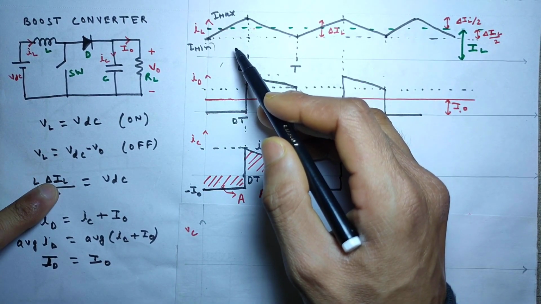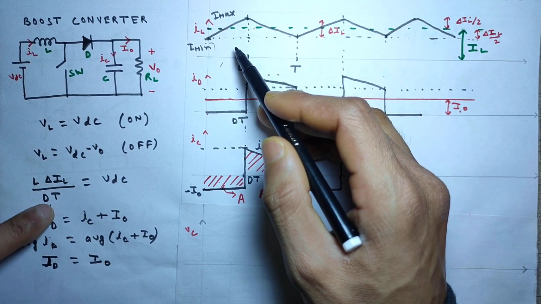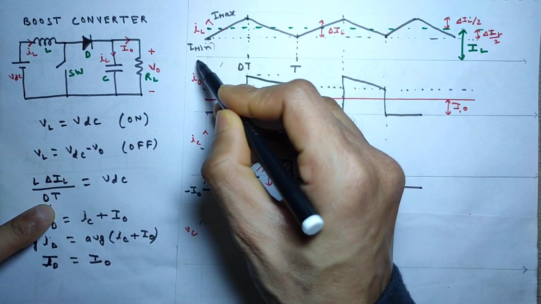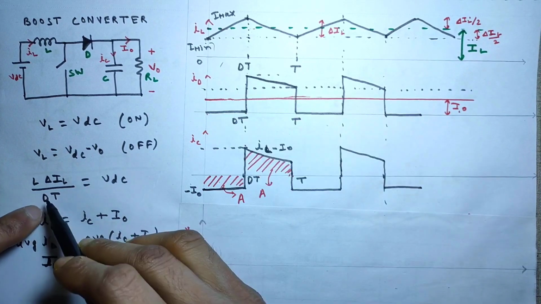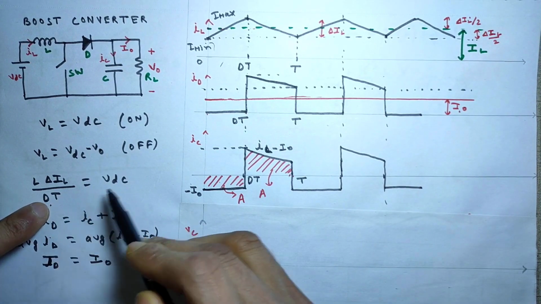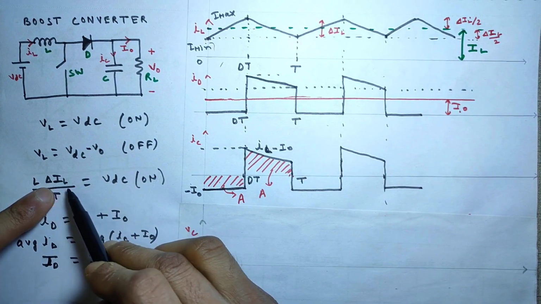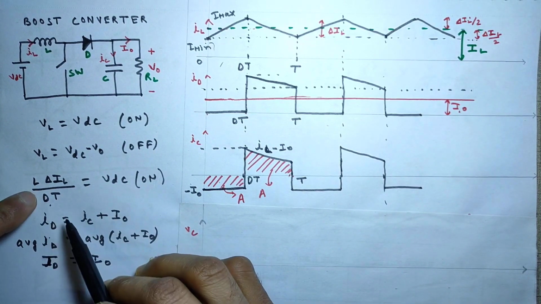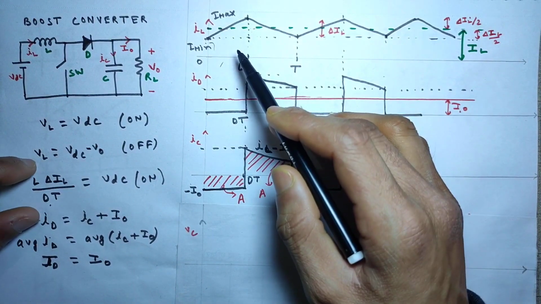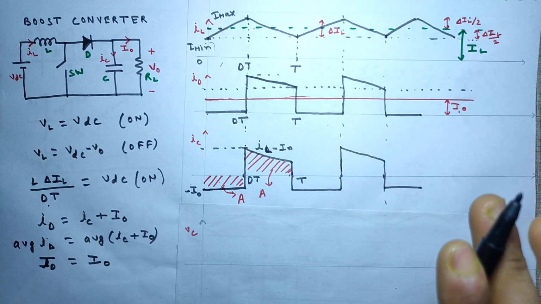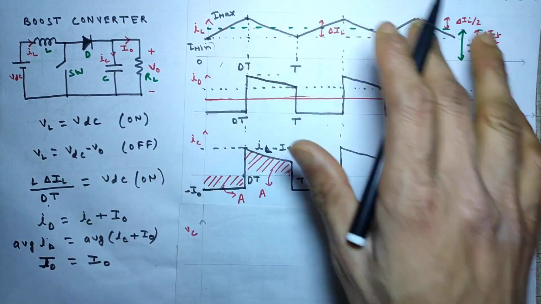So L delta IL is L di by dt, and dt is the time period over which the current is changing. So here it is 0 and here it is dt. In the on time, L delta IL by dt is equal to VDC. So from this you can get delta IL equal to VDC dt upon L. This is one simple KVL equation we must remember. No other equation do you need to remember. Every equation you can derive from this graph only.